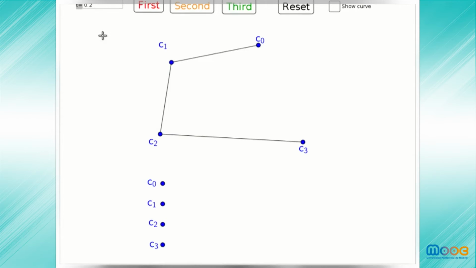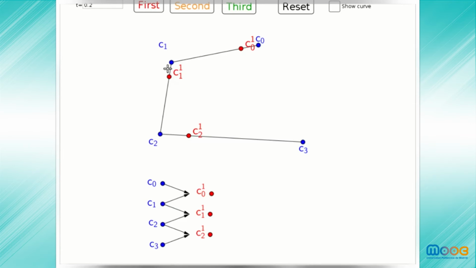So on the first stage, we get the 3 points of the first stage of the Casteljau algorithm. These points, in red, are obtained as barycentric combinations of the points on the line segment they are lying on. So this point here is a barycentric combination of C0, C1, with proportions t, in this case 0.2, and 1 minus t, in this case 0.8.